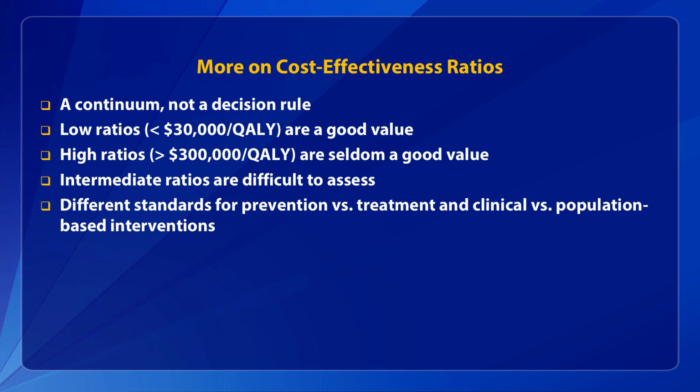We might think of the cost-effectiveness ratio on a continuum, but without an actual rule for policymaking. There are some ranges within which an intervention is clearly a good value, and other ranges within which an intervention is clearly not. It's the intermediate cost-effectiveness ratios that require some subjectivity on the part of policymakers.